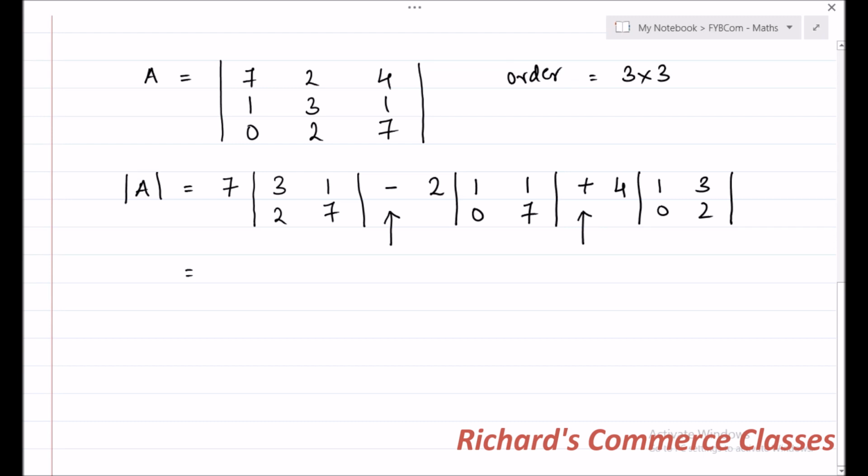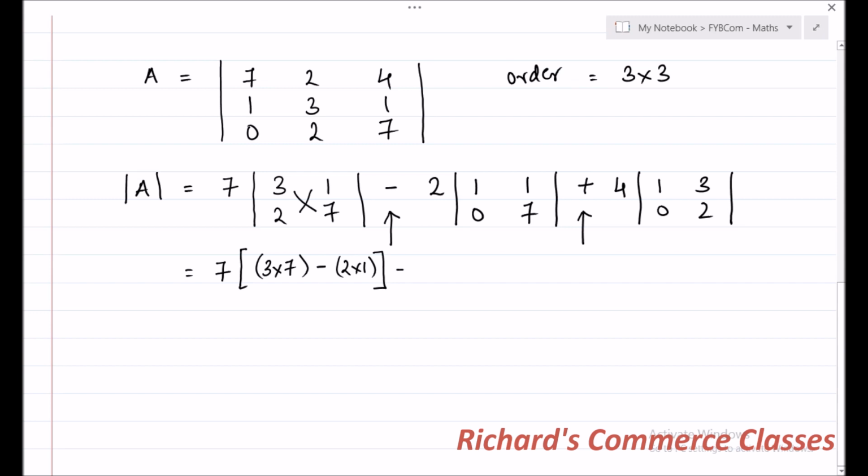This is equal to 7. Now we already know how to calculate a 2 by 2 determinant. So that will be 7 into, again, you will cross multiply and the sign in the middle will be negative. So 3 into 7 minus 2 into 1.